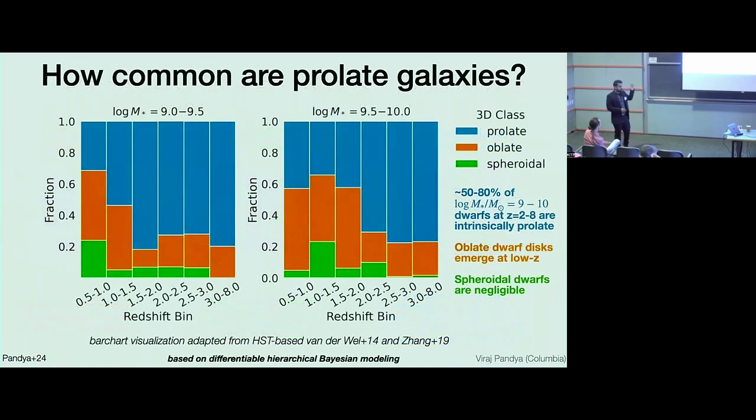So at this point, I'd walk you through my Bayesian analysis. I don't have time for that, so I'm going to skip to the most striking plot, which is the redshift evolution of the prolate, oblate, and spheroid fractions in these 2 stellar mass bins where we are not prior dominated, right?